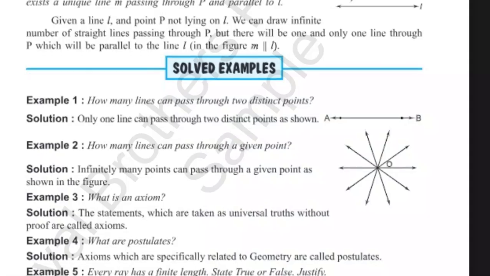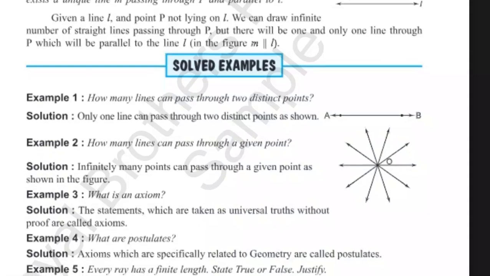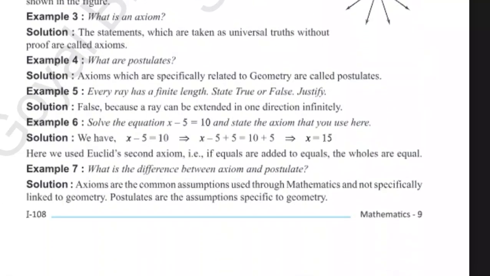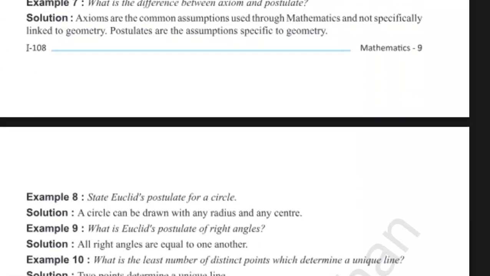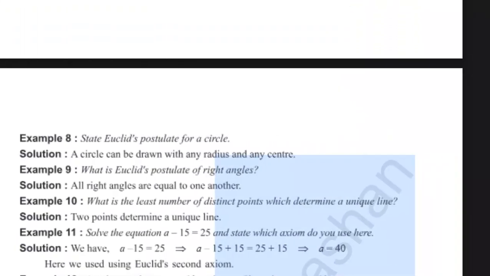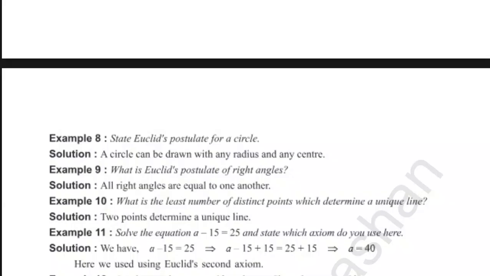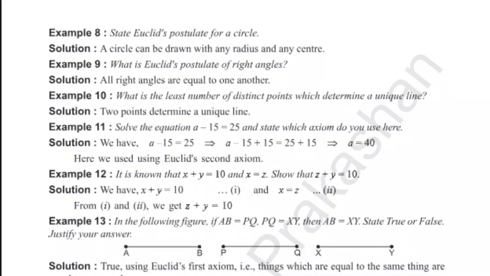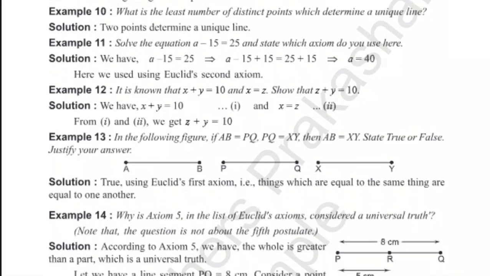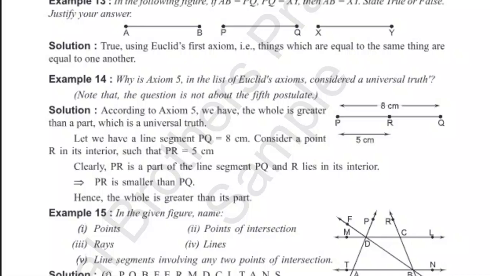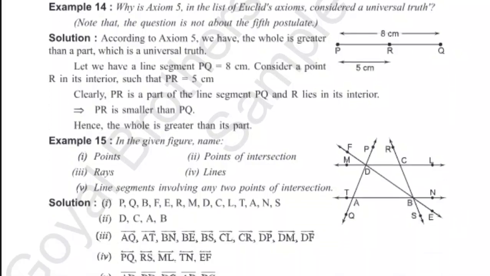The next one is solved examples. What is a postulate? What is an axiom? What is the difference between axioms and postulates? Then find the point of intersection, rays, lines.